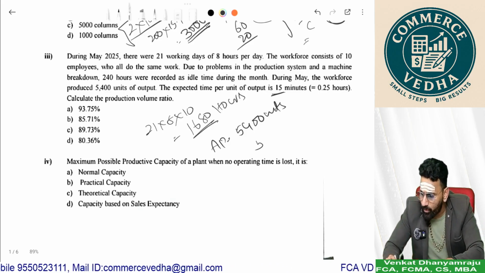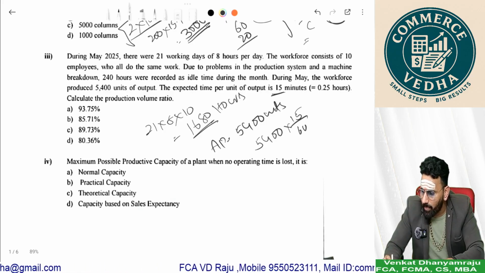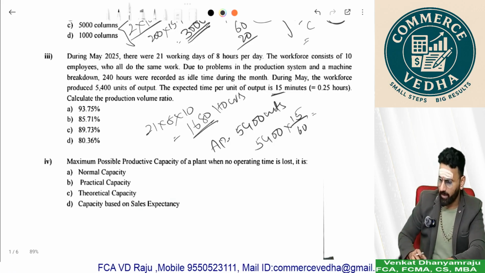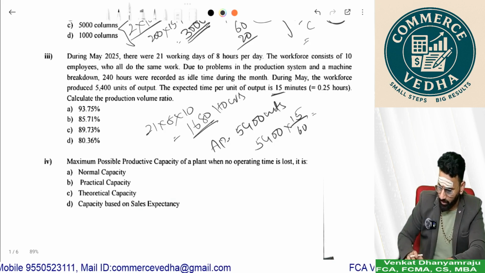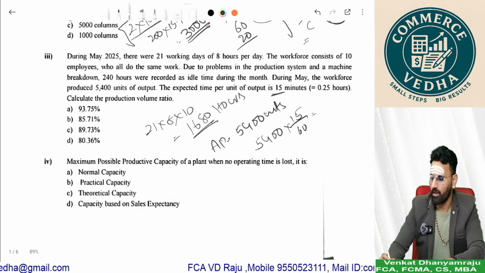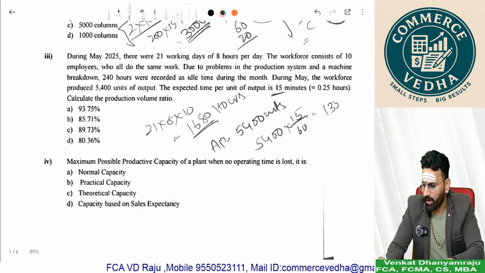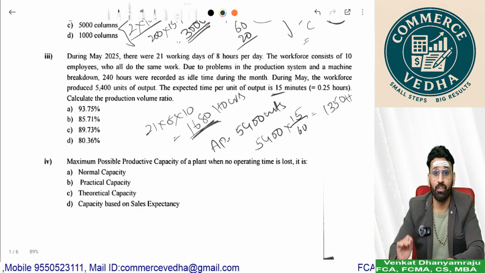So to produce 5,400 units, how many hours you need is 5,400 into 15 by 60. You need 1350 hours, whereas you consume 1680 hours.